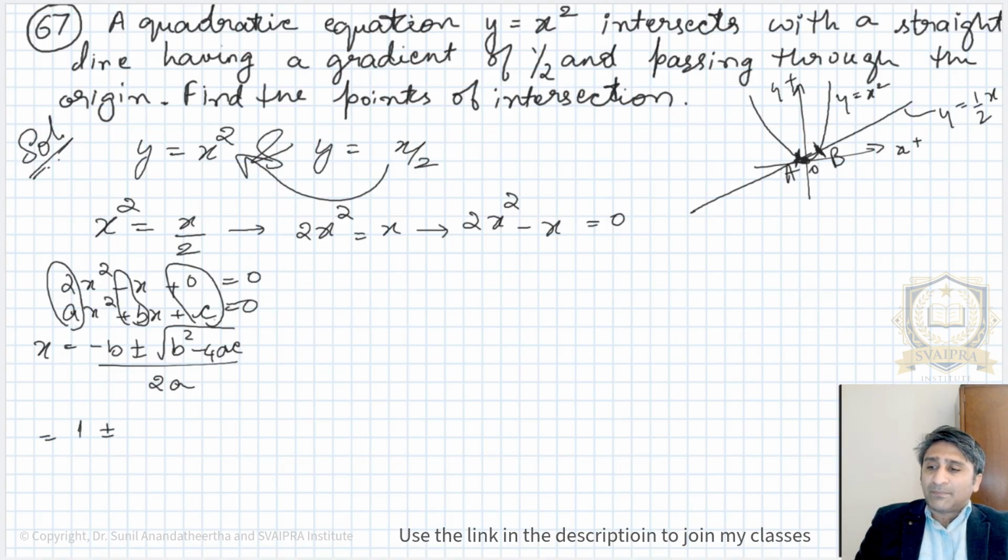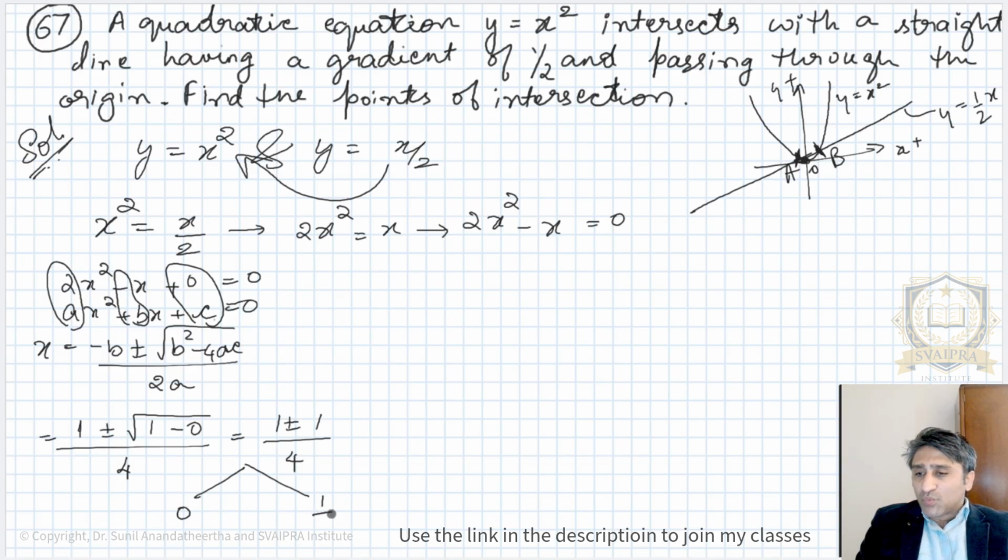Now plus or minus the square root of b squared, which is 1, minus 0, divided by 2 times a, which is 2 times 2, which is 4. So we then have 1 plus or minus 1 over 4. This means either the two numbers are 0 and 2 by 4, which is 1 by 2.